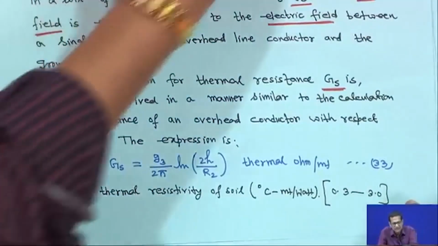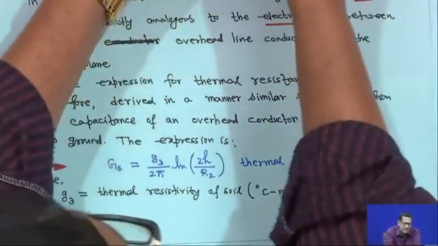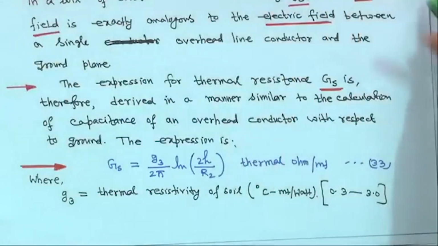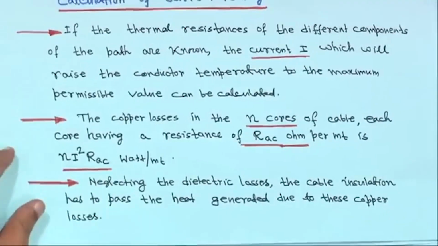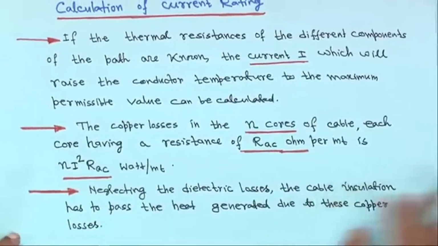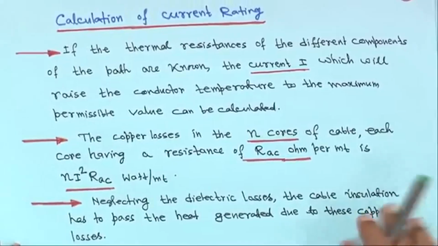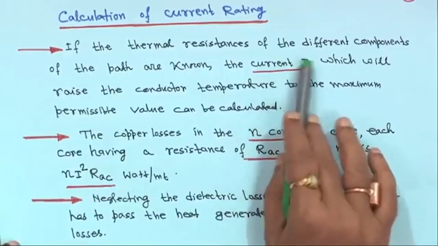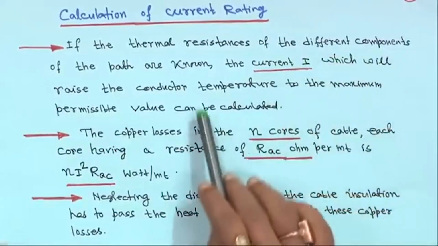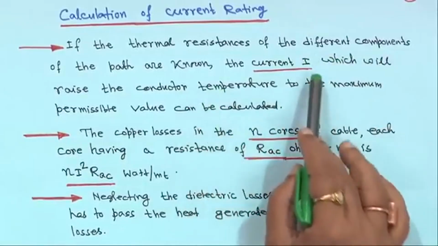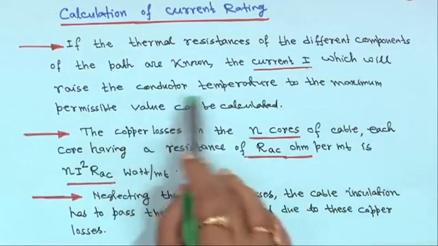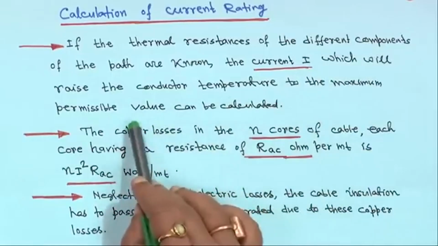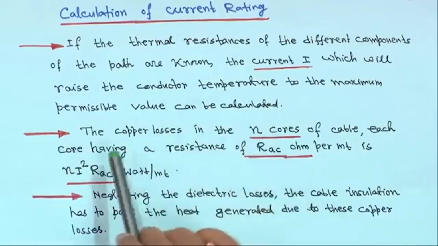So, when you are calculating the current rating of a cable, you have to consider many things. If the thermal resistances of the different components of the path are known, the current I, which will raise the conductor temperature to the maximum permissible value, can be calculated.